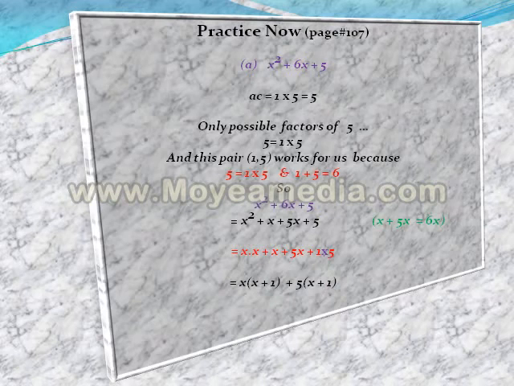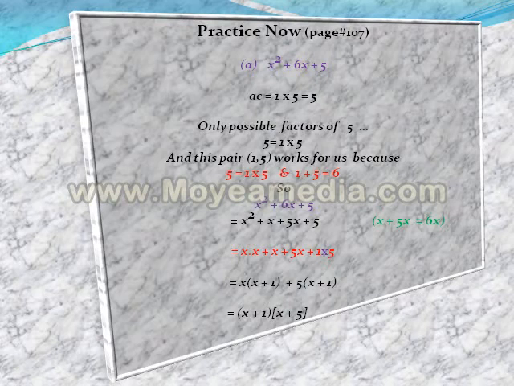In the third and fourth terms, you could see the common factor is 5. 5 is present in these two terms, so I took the 5 as common. What remained in the third term is x, because 5 goes out, and in the fourth term, when 5 goes out, what remained is 1. We took plus 5 common.